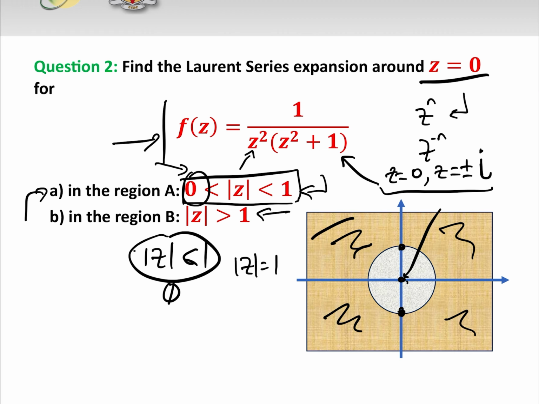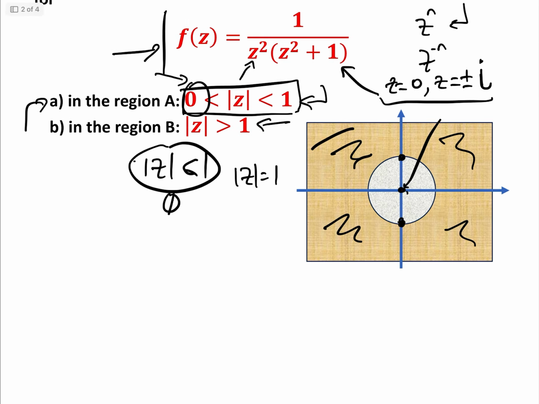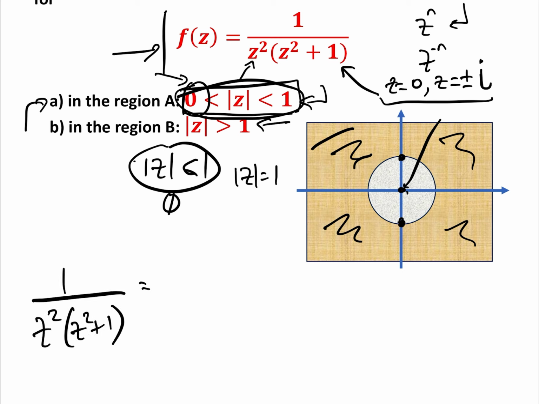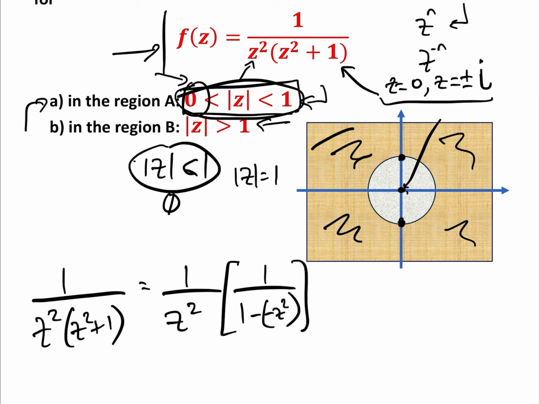Okay, so that's important, we have to make sure that it is analytic before we bash on. So let's have a look at how we're going to do this. Well, basically in the first instance, 0 less than mod z less than 1, we have 1 over z squared plus 1, and let's just rewrite that as 1 over z squared times 1 over 1 minus minus z squared.